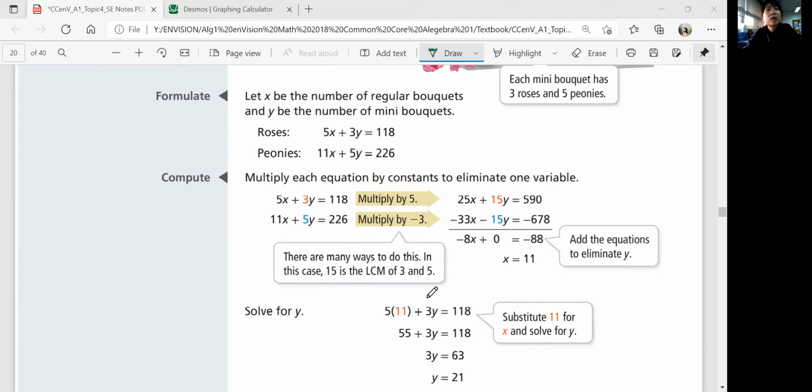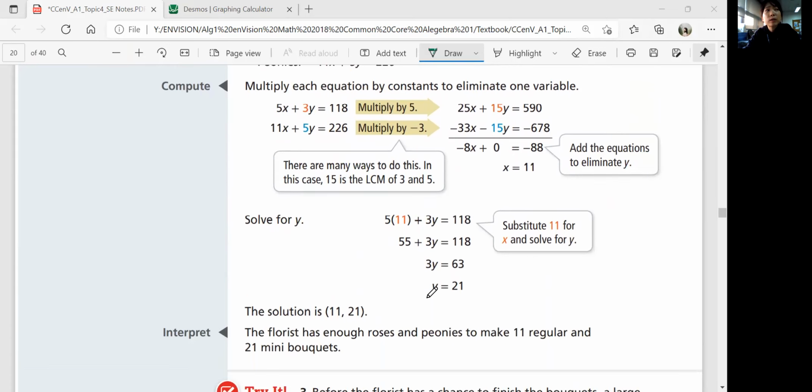Substitute 11 into any of the equations. You solve for y, 21. The solution is (11, 21). What does that mean? X represents regular bouquets, Y represents mini bouquets. So the florist has enough roses and peonies to make 11 regular and 21 mini bouquets. Okay, so after you solve it for word problems, you need to know what it means.